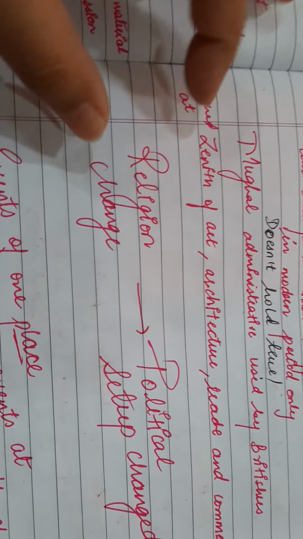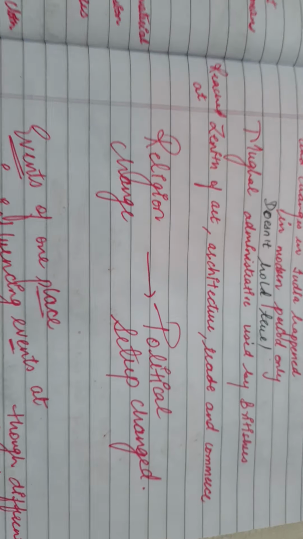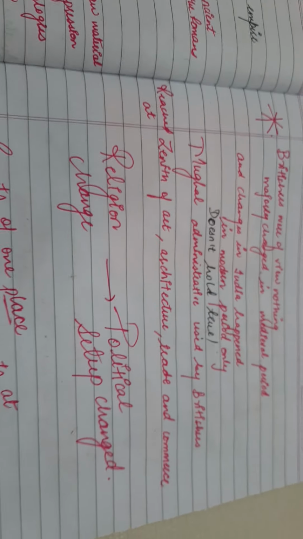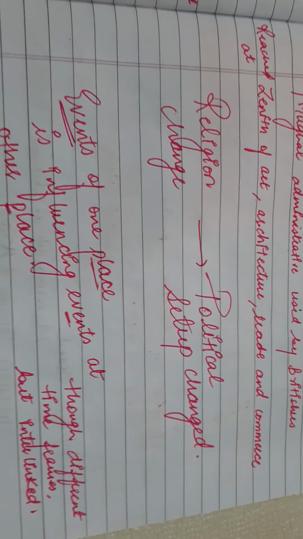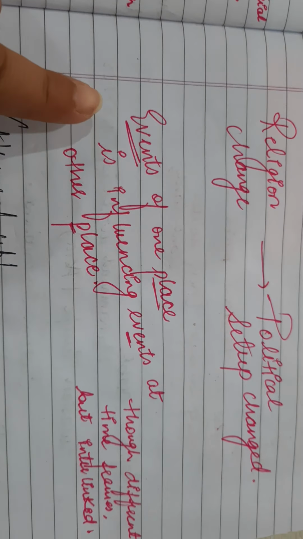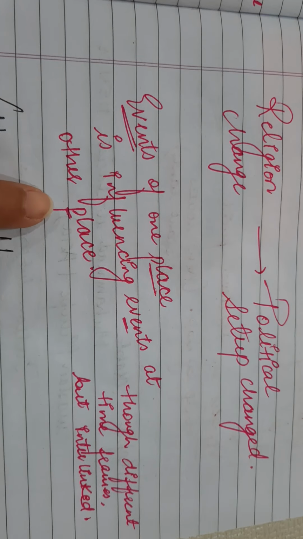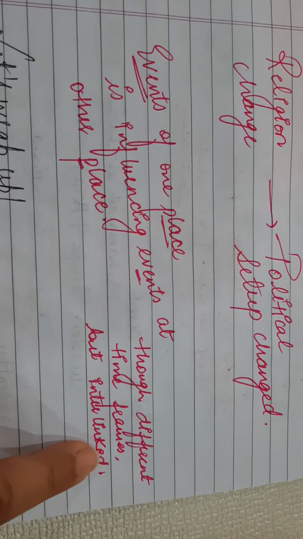Whenever people's religion changed, new rulers came, and along with that the political setup also changed. That means a lot of changes were there in the medieval period. Now, we got to know our answer that events of one place are surely influencing events at the other place through different timelines, but they are somewhere interlinked.